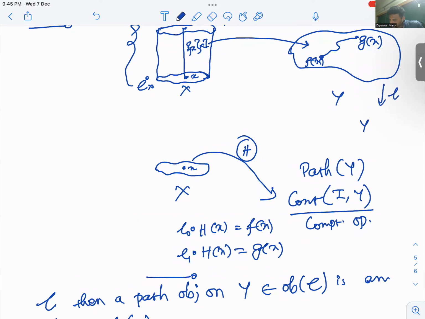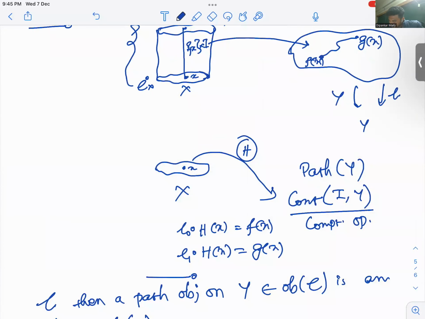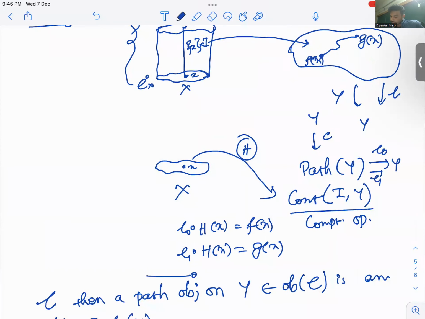So this is L0 and L1. So from path Y to Y, there are two maps, L0 and L1. But there is this obvious constant loop map. What it does is it sends a point y to the constant loop on y. And moreover, L0 composed with C is the identity, and so is L1 composed with C.